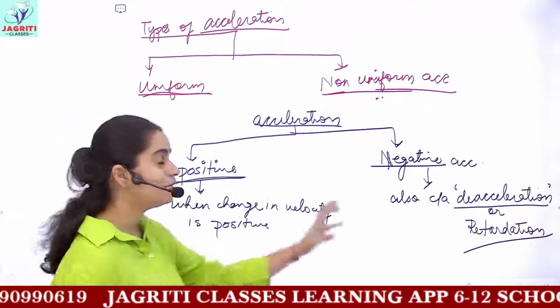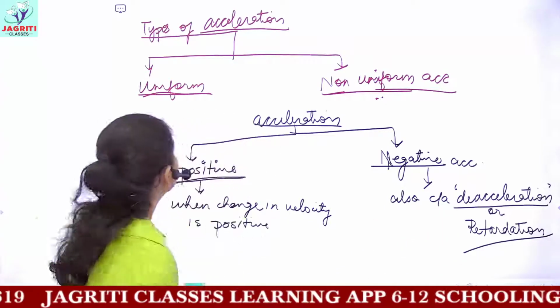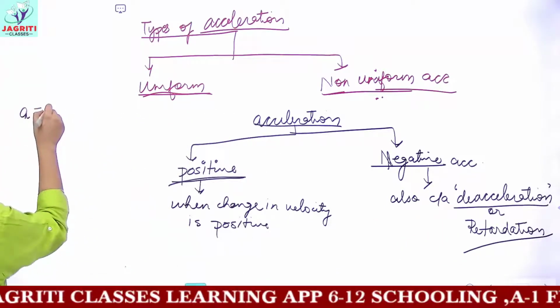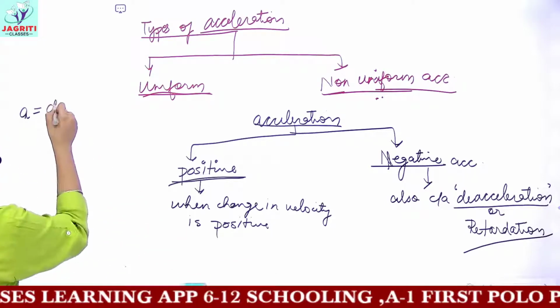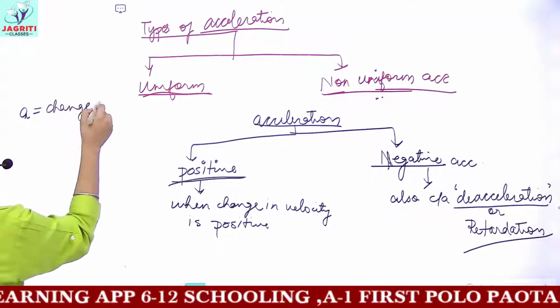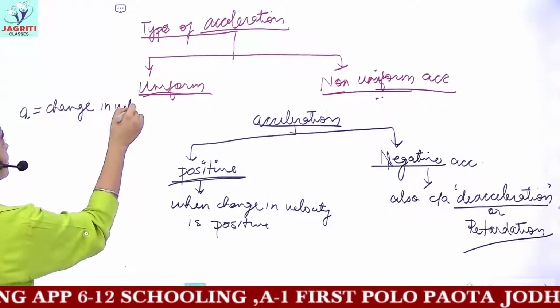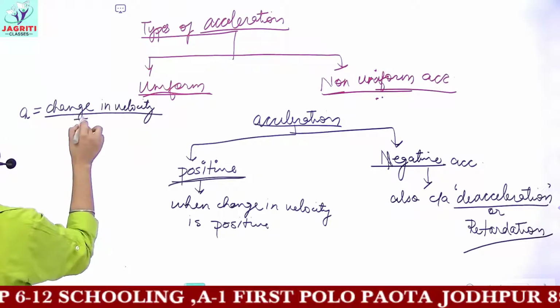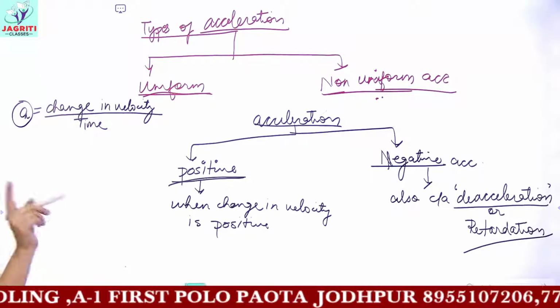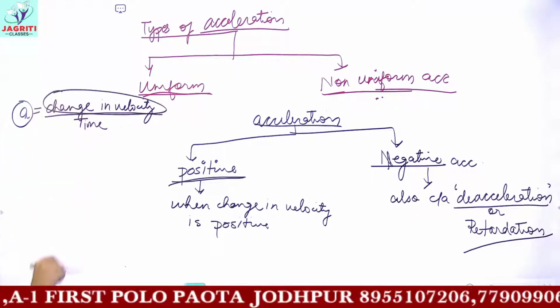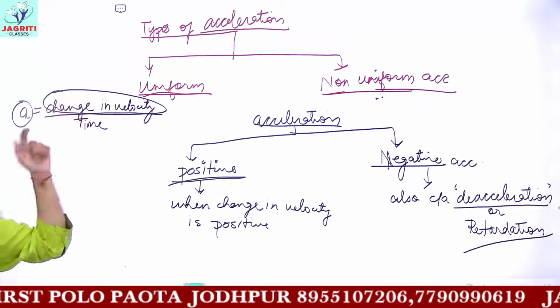I hope you now remember the formula of acceleration. In theoretical terms, acceleration is change in velocity divided by time. So the sign of this acceleration depends on the sign of the change in velocity.